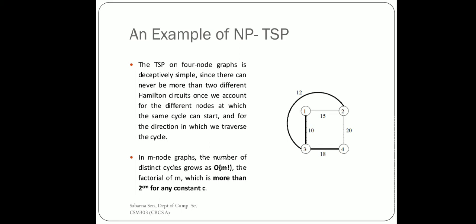We can represent it like 2 to the power cm. You know, from the concept of algorithms, you can derive how order of m factorial can be depicted as more than 2 to the power cm, where c is any constant value, so the complexity is going to an exponential factor, right?